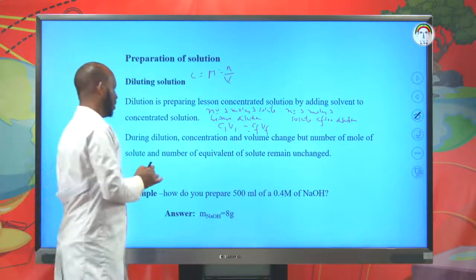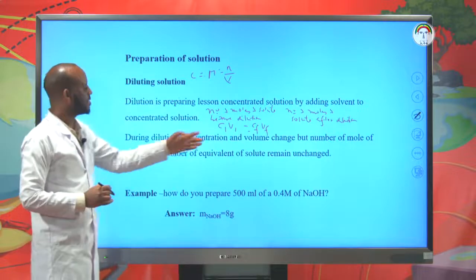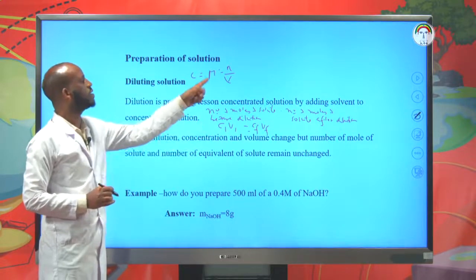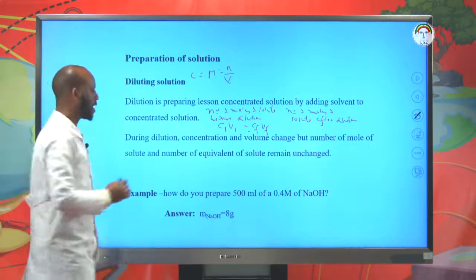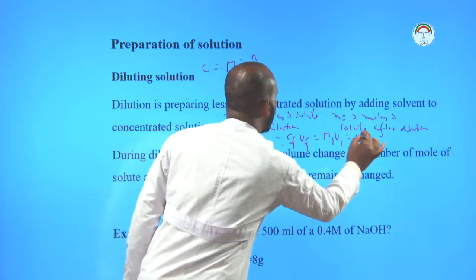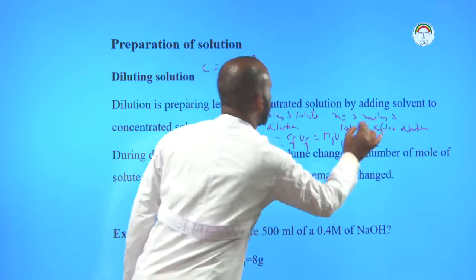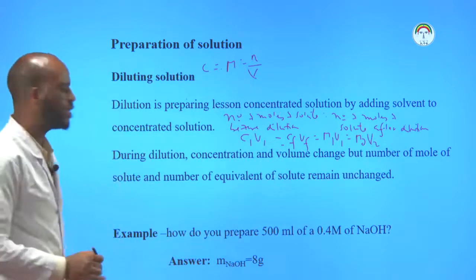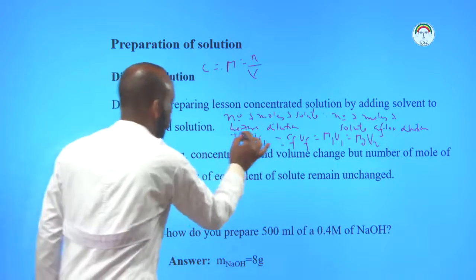Most of the time concentration of a solution is given by molarity. You can write this as M1 times V1 equals M2 times V2, final volume. This is the dilution equation.